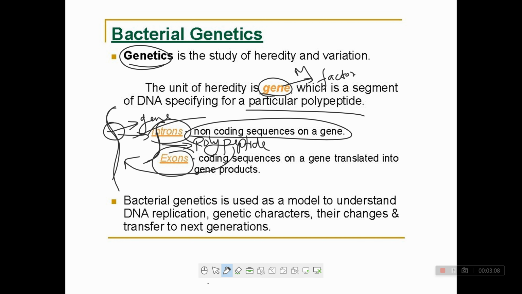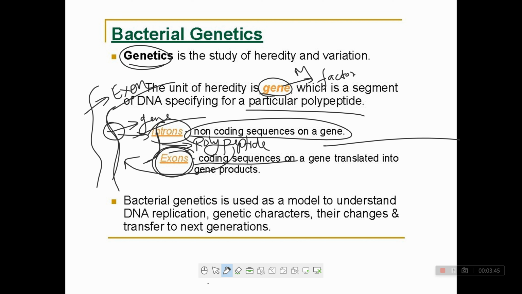But in bacteria, the maximum part is the coding part, meaning the maximum part is exon. In eukaryotes, the maximum part is intron, meaning they have non-coding sequence. Exon means coding sequence. The coding part of DNA is known as exon.